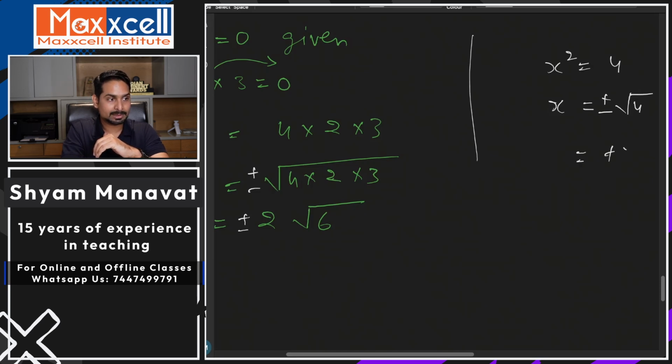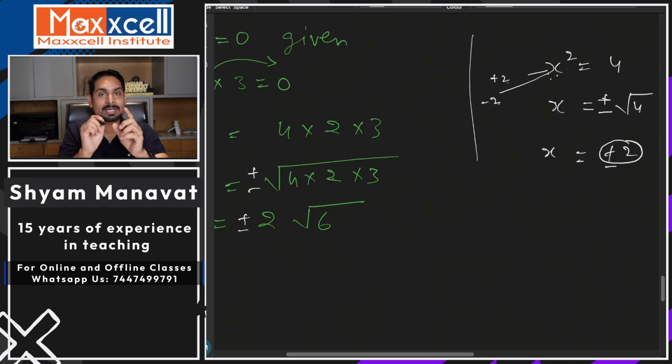Do you want to know the reason? The reason is, if x is equal to plus 2, then plus 2 square is also 4. And if x is equal to minus 2, then minus 2 square, negative square, is also positive. So minus 2 square is also plus 4. That's why we have this plus minus sign whenever we remove the square sign.